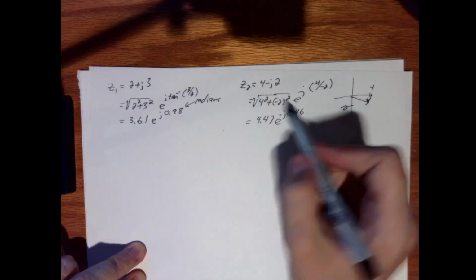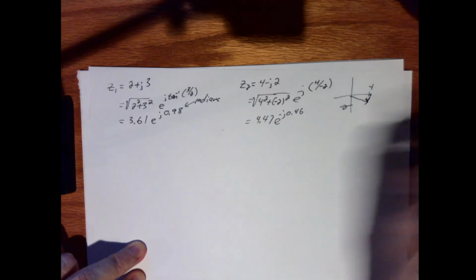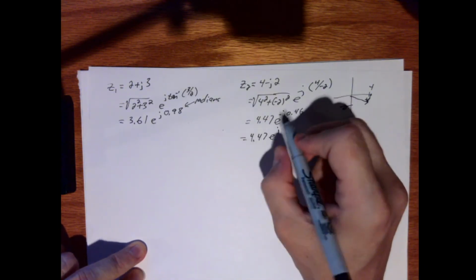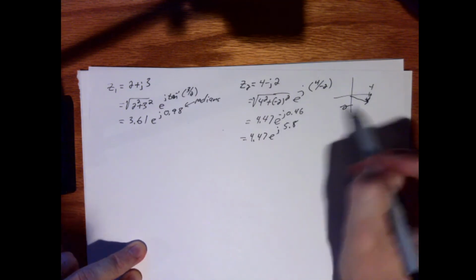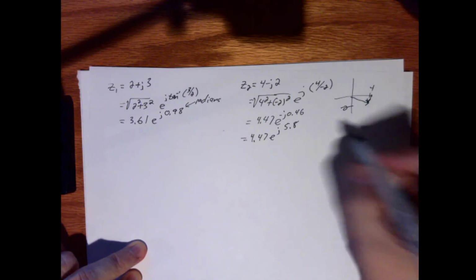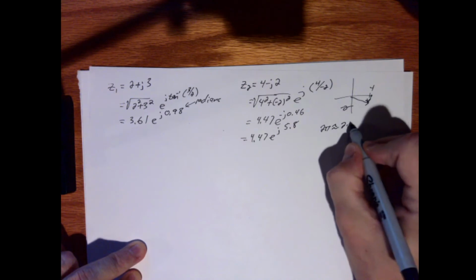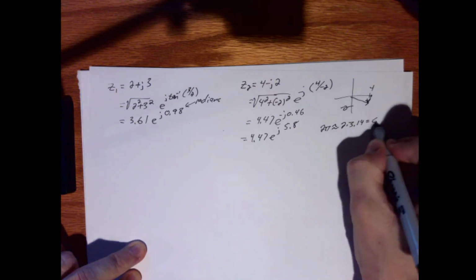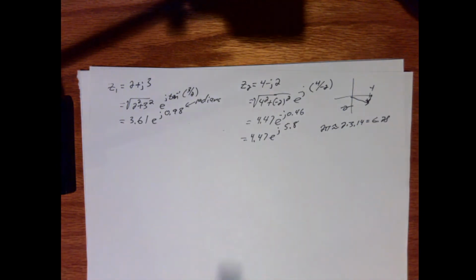Now, if you want to, you could add 2 pi to this to get 4.47 e to the j 5.8, because 2 pi is approximately 2 times 3.14, which is 6.28, right? So it's less than that because we didn't quite make it all the way around. I did that so we can check our work.